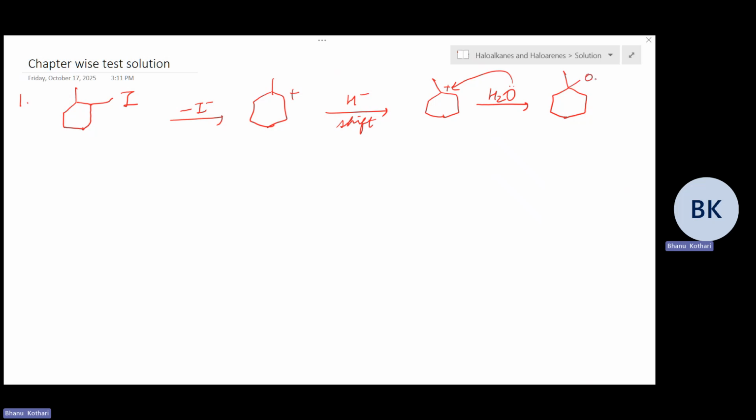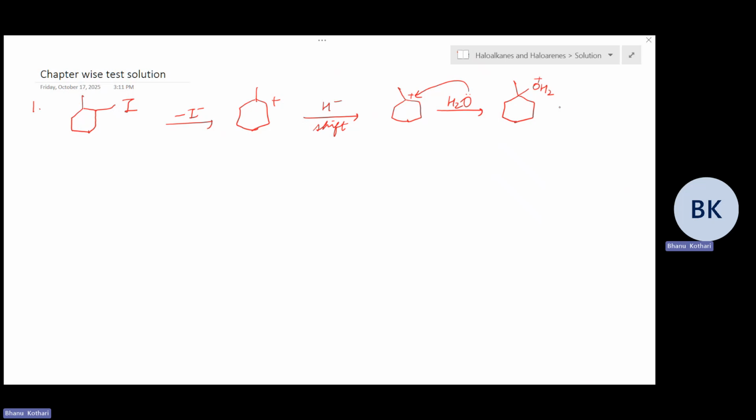We'll get OH2 plus, and finally we get converted into the product by loss of a proton. Okay. So the intermediates that are going to form with this one are a 3-degree intermediate and OH2 plus, right? So the intermediate given in option A is not going to form. So A is the correct option.